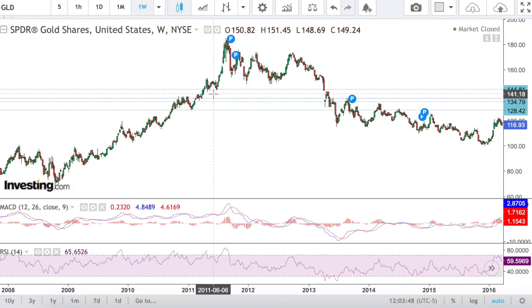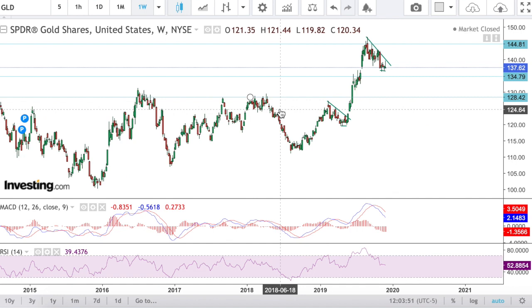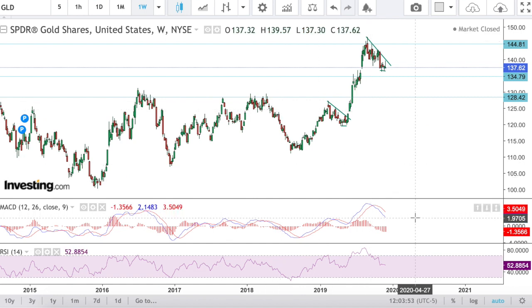And where we're at right now is pretty much exactly the same level. So if this is really the bull market that we've been waiting for in gold, it could very well reverse off of this level and begin the uptrend that we've been looking for a while.